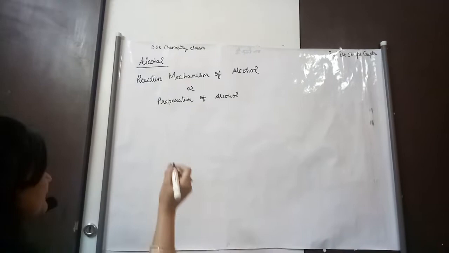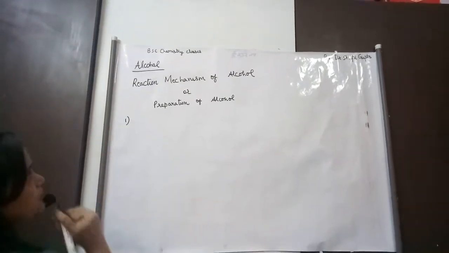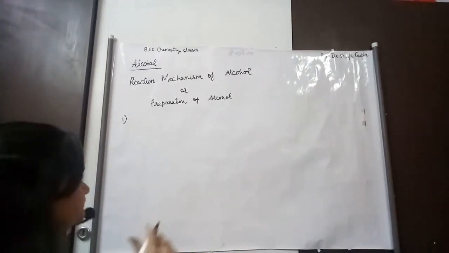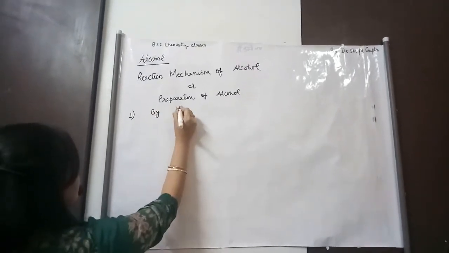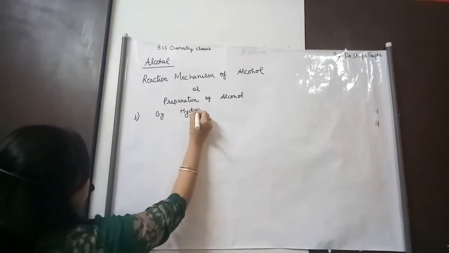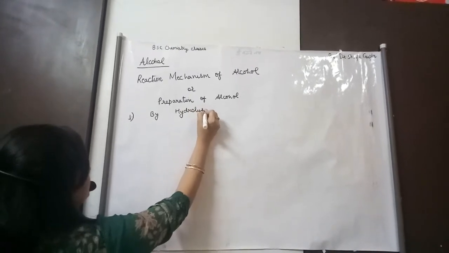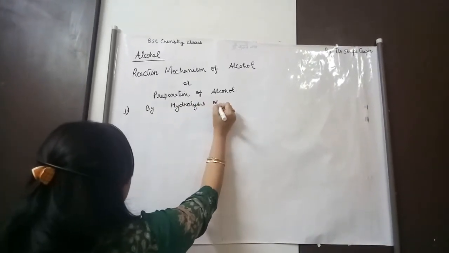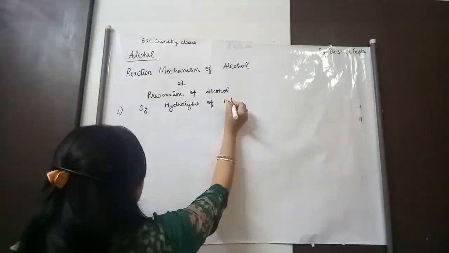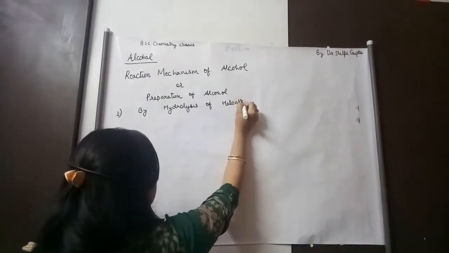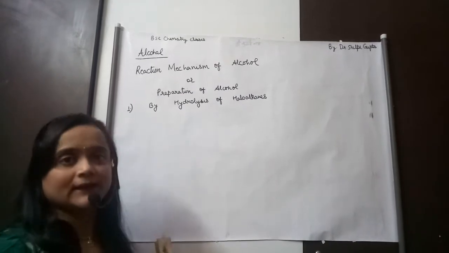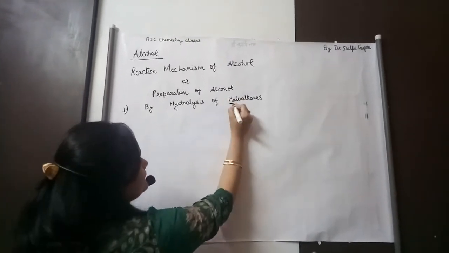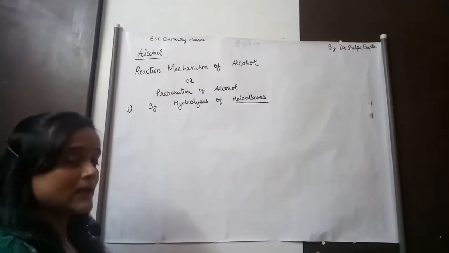Okay, so there are various ways in which alcohol is prepared. The first way is by hydrolysis of haloalkanes. We will do the complete syllabus. You must be familiar with this word, haloalkanes.